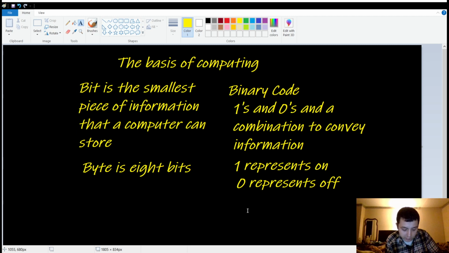So the way people figured out the computer language should be is that one very tiny part of a computer could be on, and then one tiny part of the computer can be off at a period of time, and then have a combination of those ones and zeros that can mean something.